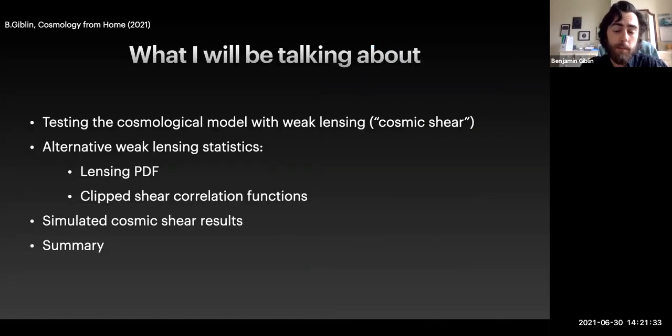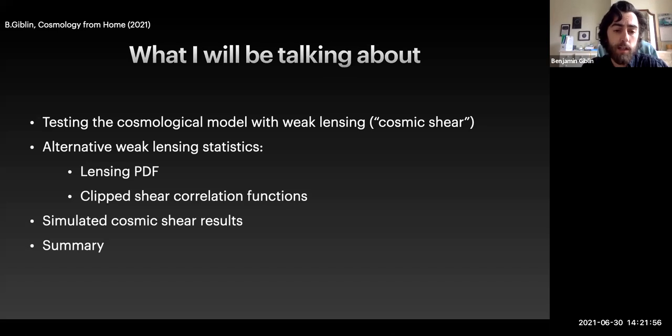So to begin with in this talk, I'm going to introduce the idea of cosmic shear, which is basically the way in which we use weak gravitational lensing to constrain cosmological parameters. I will then introduce some alternative statistics that we can measure from weak lensing data.